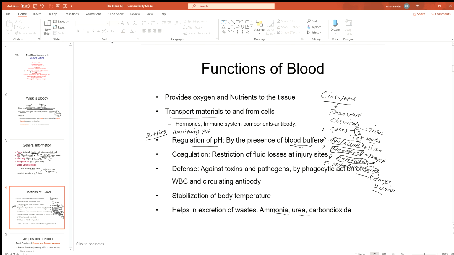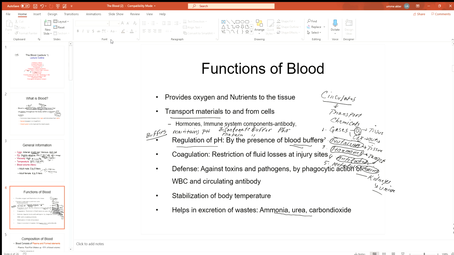Important blood buffers are, if you want to know the names, bicarbonate buffer, protein buffer, and phosphate buffer.